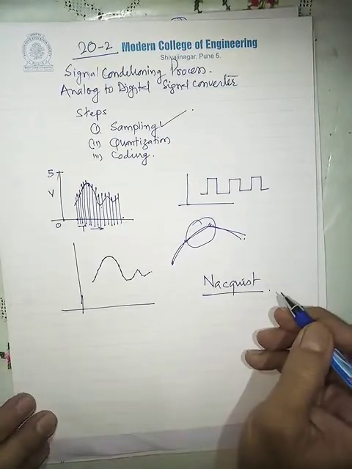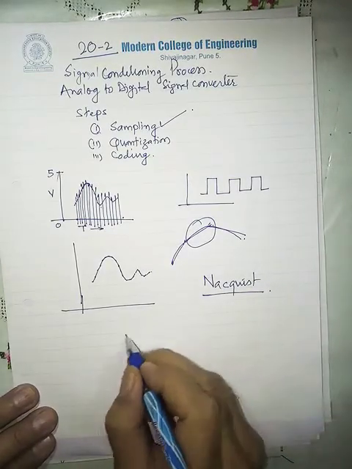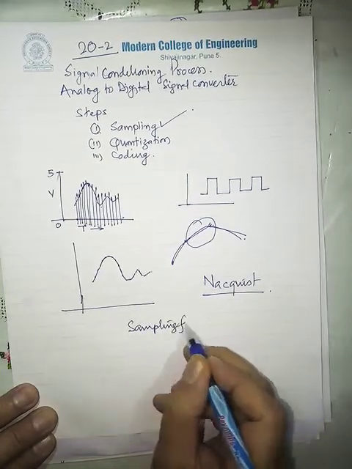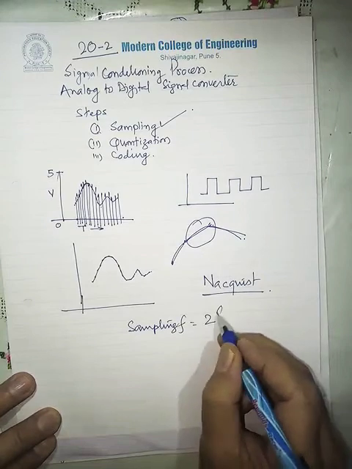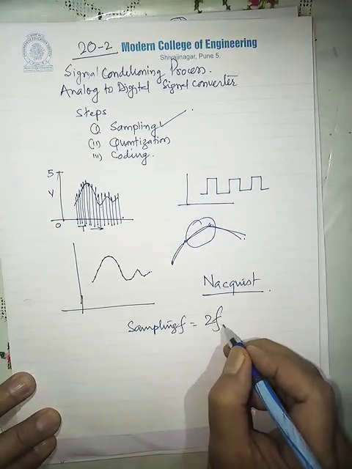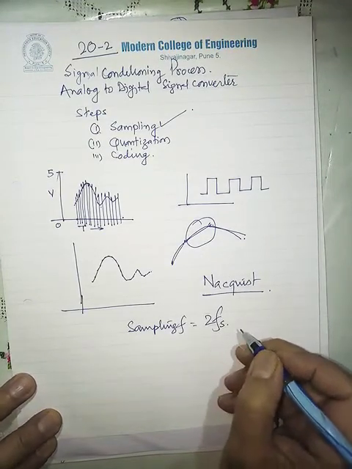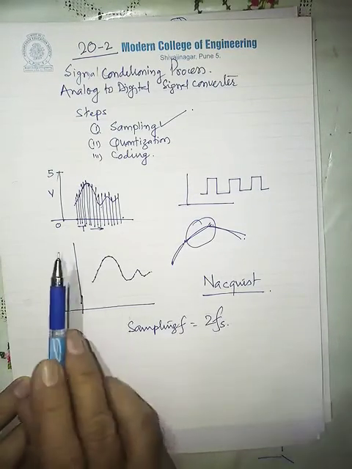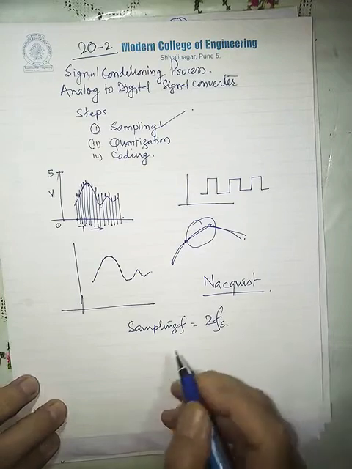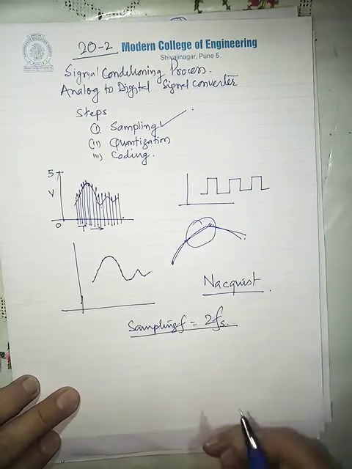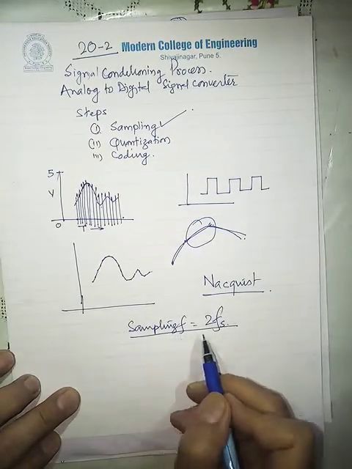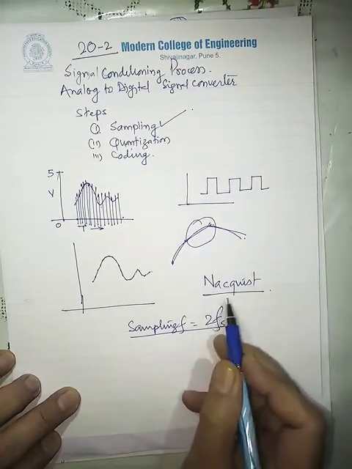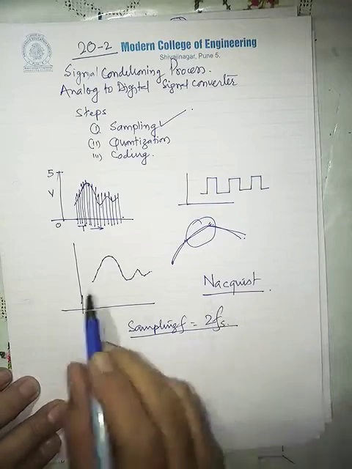He said, if my sampling frequency is double the frequency of a variable signal, then I can achieve results which will be very near to the original one. This is the Nyquist theorem. Sampling frequency should be double the frequency of the varying signal. This is the Nyquist theorem, which is also true.